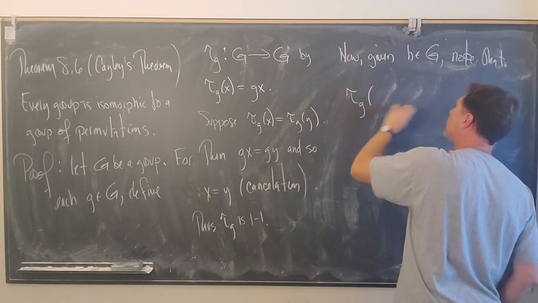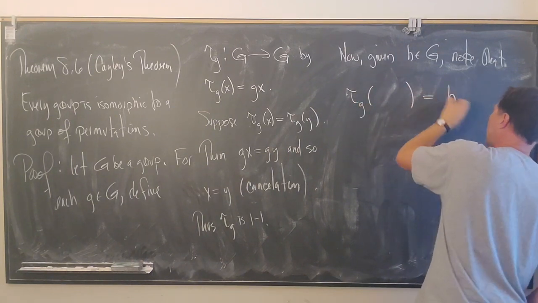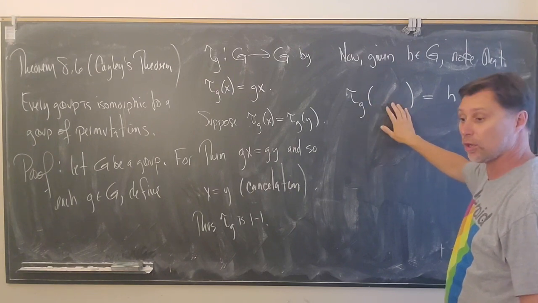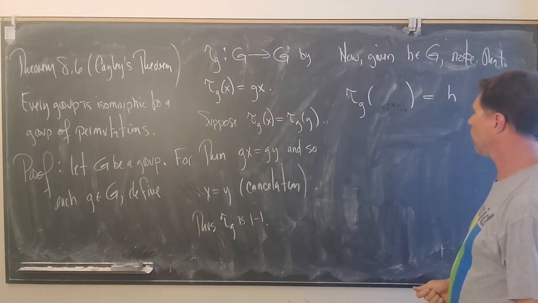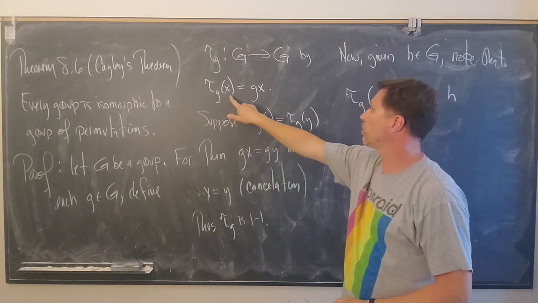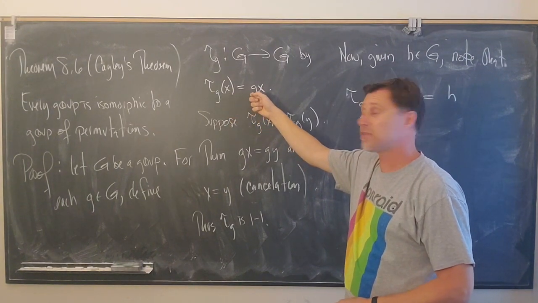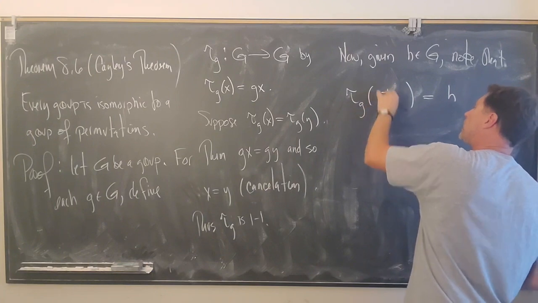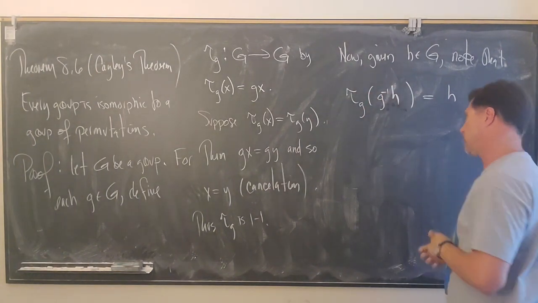Tau sub g of somebody has to equal h. Who is the element that I can put in here that actually satisfies that? Well, think about the definition. Whatever you put in the parentheses gets multiplied on the left by g. If I want an output of h, then the right thing to put here is g inverse times h.